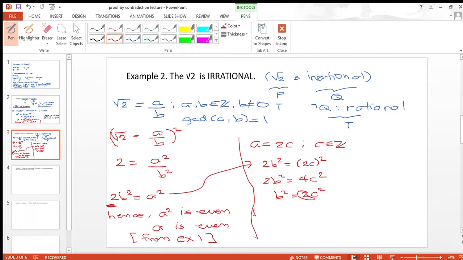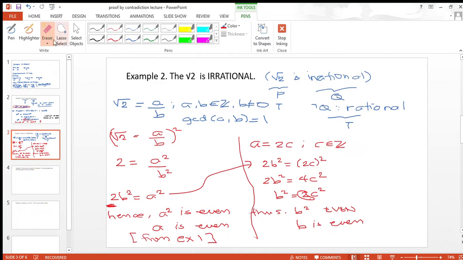Thus we can say that b squared is also even. And if b squared is even, then b is also even.